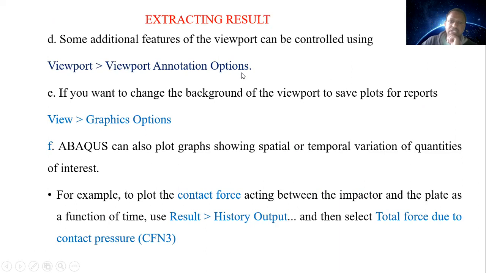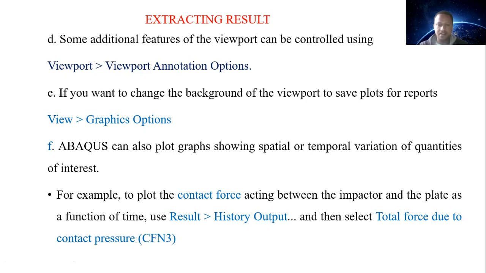Some additional features of the viewport can be used; we can change different options, graphic options, annotation options. The text visibilities can be arranged. Graphic options will help us get good graphic visualization. And Abaqus can also plot graphs showing spatial or temporal variations of a quantity of interest. So, for example, a plot of contact force, a plot of contact area.